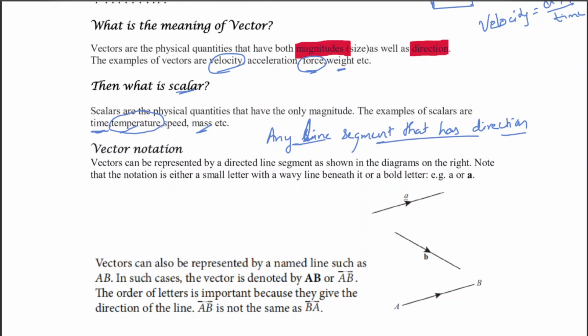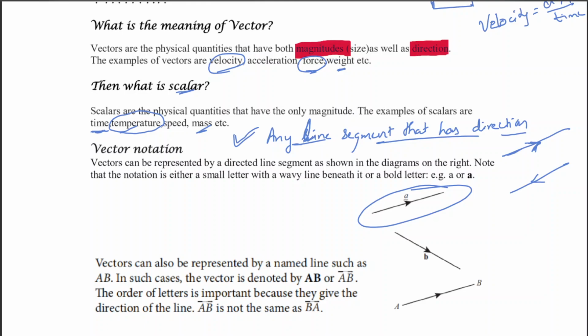Can you see some of the lines over here? These are lines and the line has direction. So if I give the line going in this direction, or if I give the line going in this direction, then they are called vector quantities. From this, the mathematics definition starts.